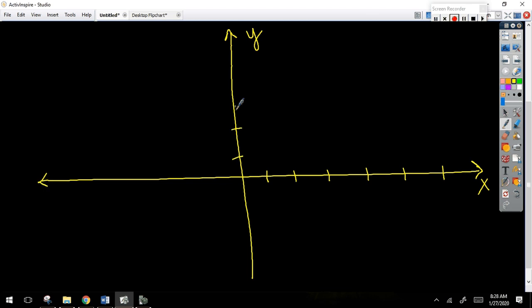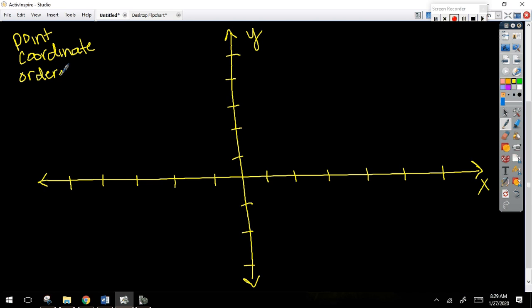When we put the X and the Y together as a coordinate, what's another name for that? A point, a coordinate, what's another name? Ordered pair. These are all the same for naming X and Y.